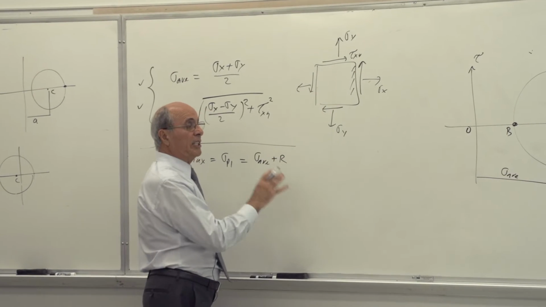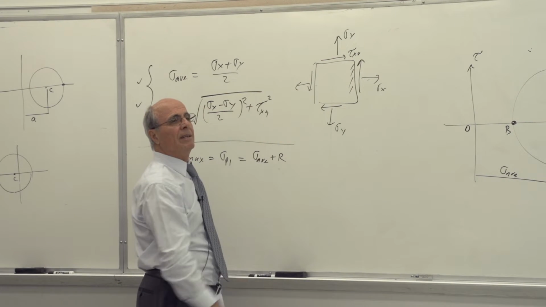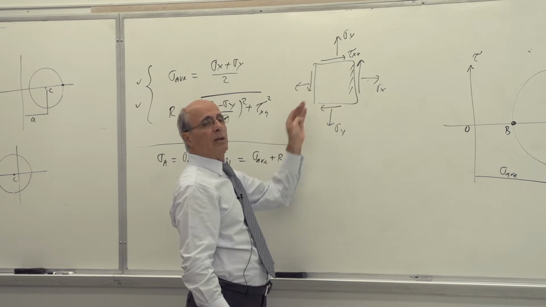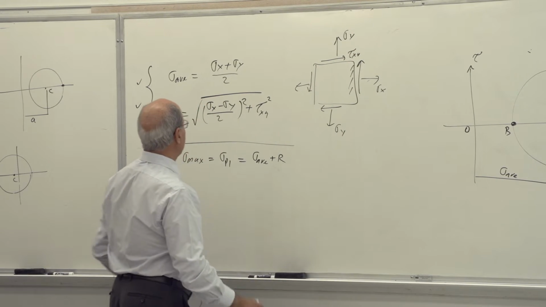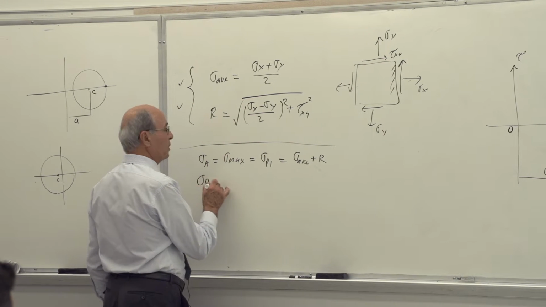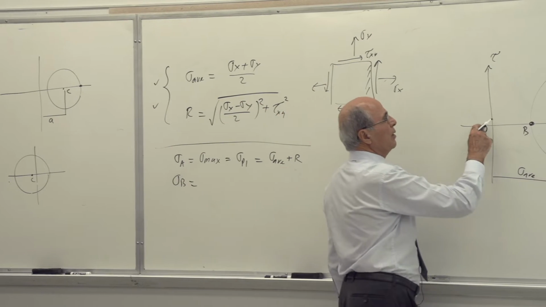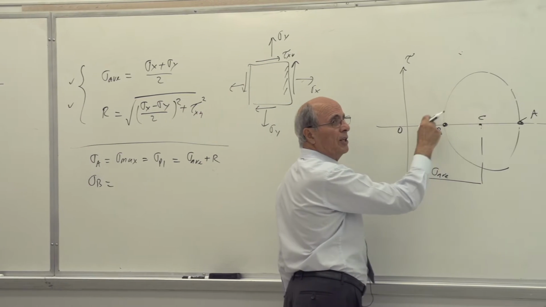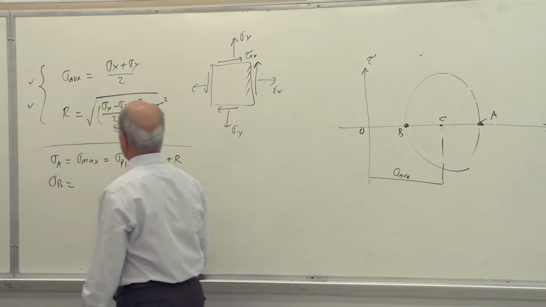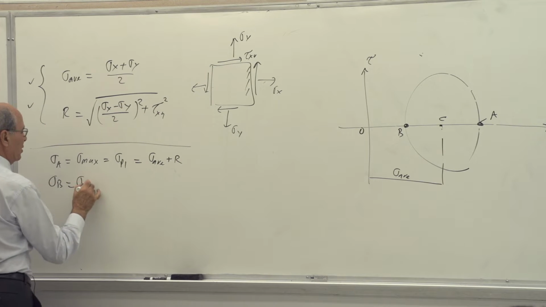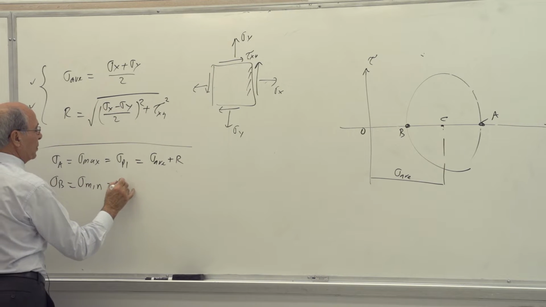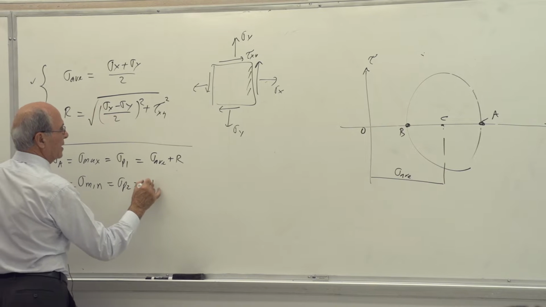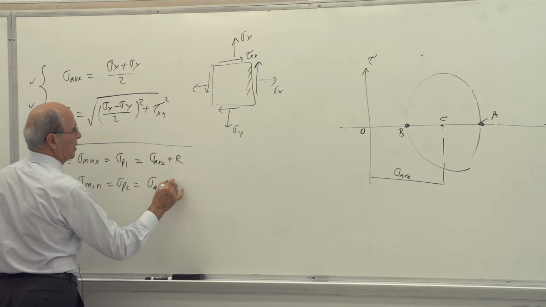And it is not in the x and y direction. It could be here or could be there. We are going to talk about it in a minute. Then we get sigma b. What's sigma b equal to? We do the same thing: sigma average minus R. In this case, we call it sigma minimum or sigma principal 2.